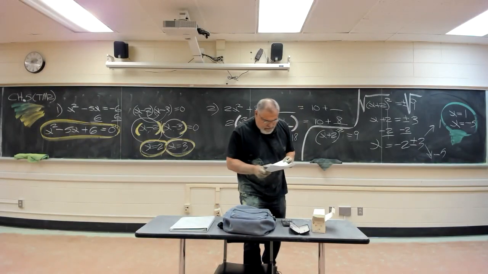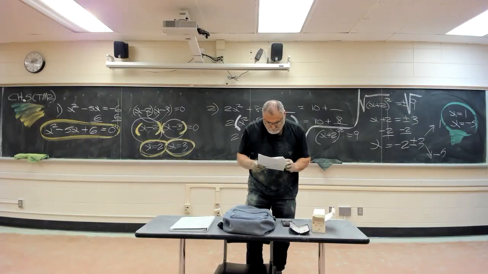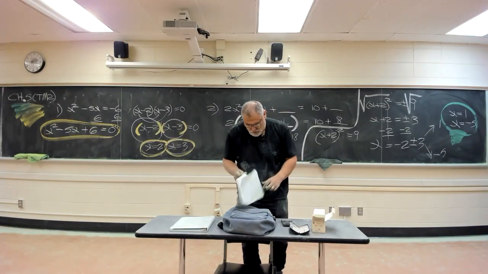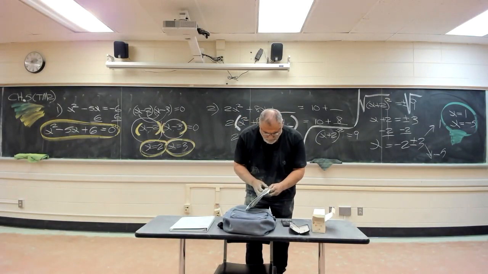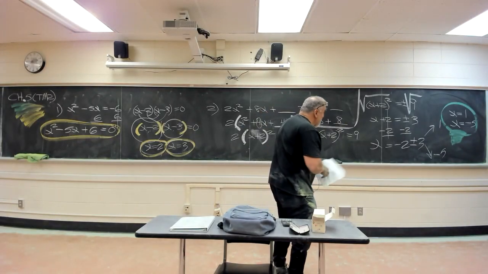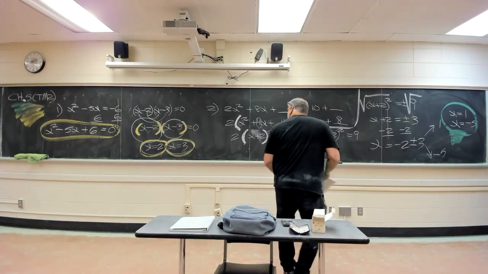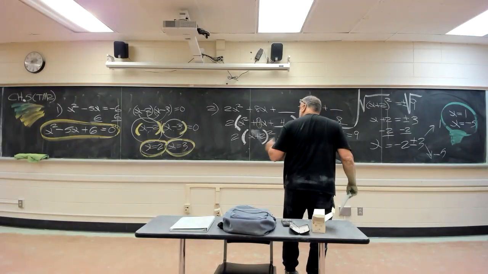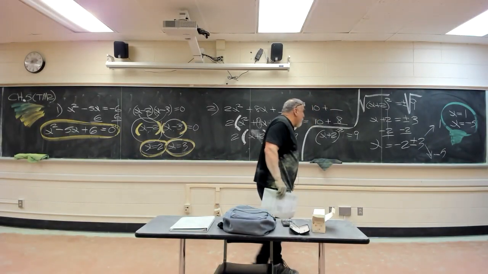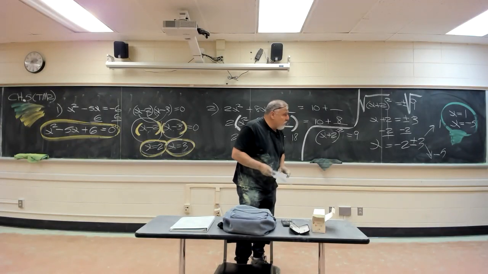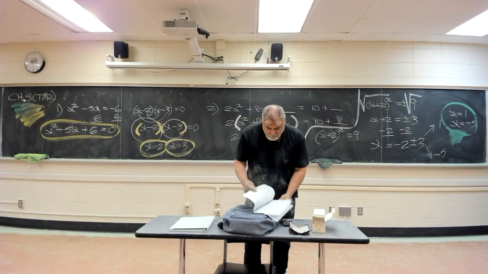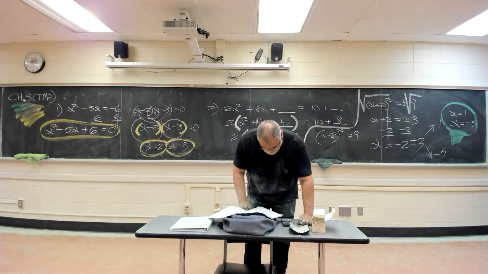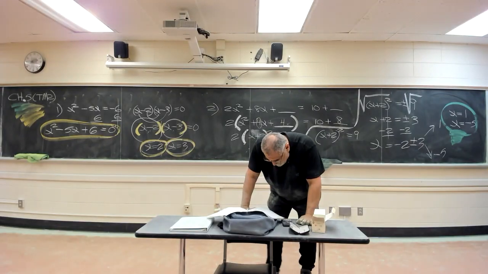So having done that, what did you get? Forgive me, 1 and negative 5. So what do we have here? For problem number 1, we got 2 and 3. For problem number 2, we got 1 and negative 5. Right.